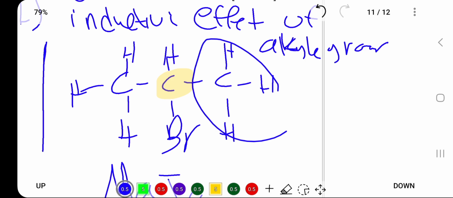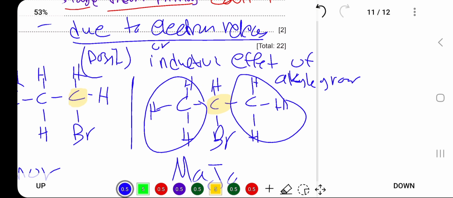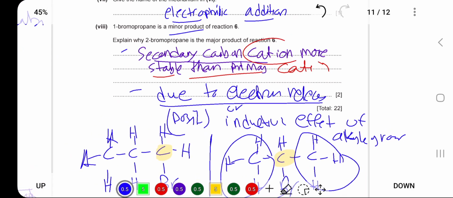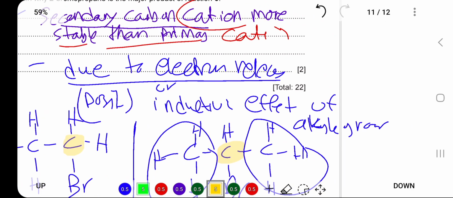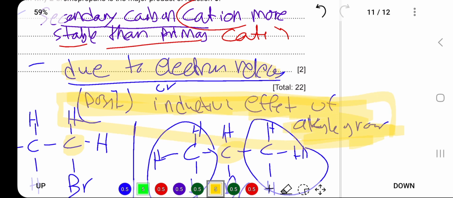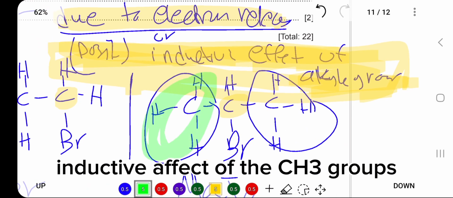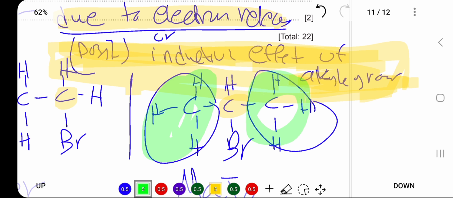Alkyl groups are basically what it is bonded with. Okay, all right. So the second mark is this, and I want you to memorize it, please. You can say due to electron releasing character or positive inductive effect of alkyl groups, but I think the latter is more like it, so learn this one. It's actually easy. It's the inductive effect of what the bodyguards do to the queen, which is this.